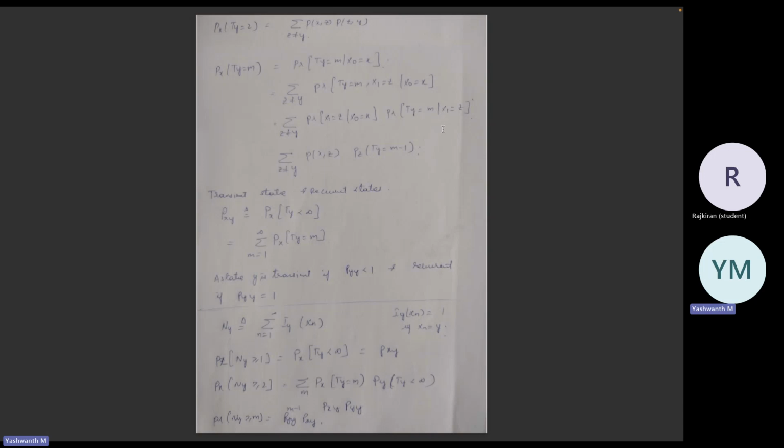You are in some state z, and in the mth step you are in state y. So this is nothing but as good as saying at state 0 you are in z, and in the m minus 1th step you are in y, right? So that's why you can write this thing like this.